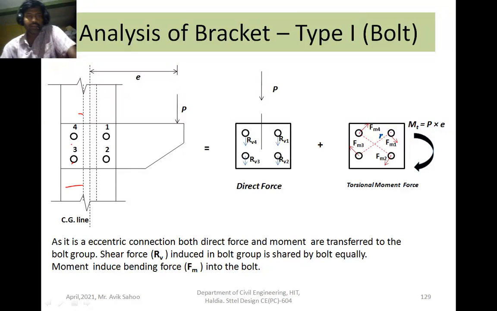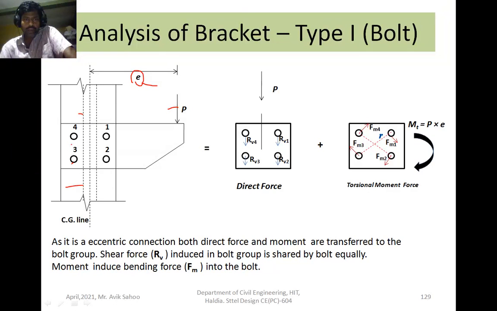The distance of the load from the CG is denoted by E. E means eccentricity. Okay, so this load is applied and the eccentricity is denoted by E. So this force is transferred to the connection, the P force is transferred to the connection.